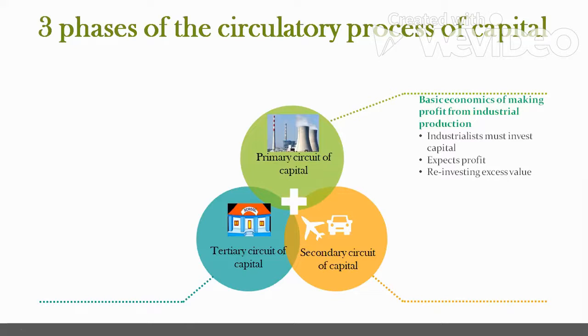Once they invest capital, they would obviously want their goods to be sold. Now, if the exchange value, that is, the selling price, is more than what the industrialist has invested, then it yields profit.